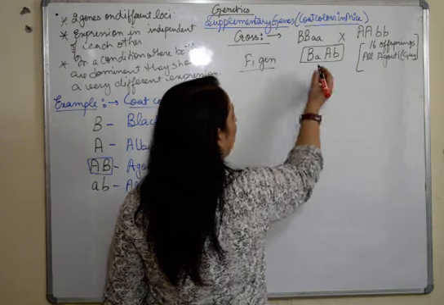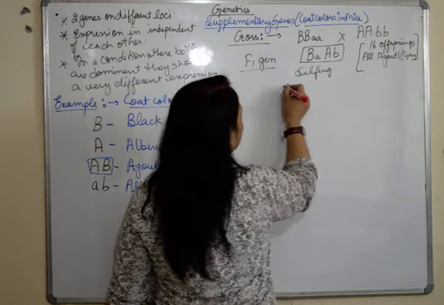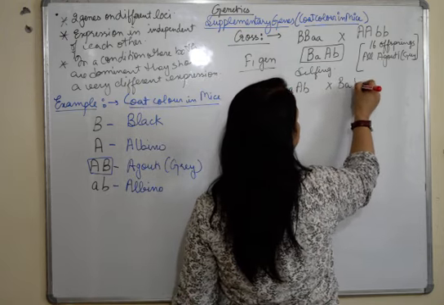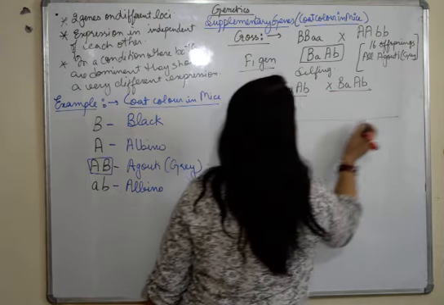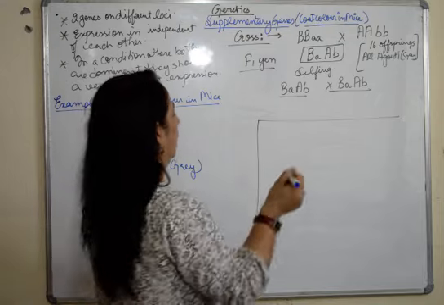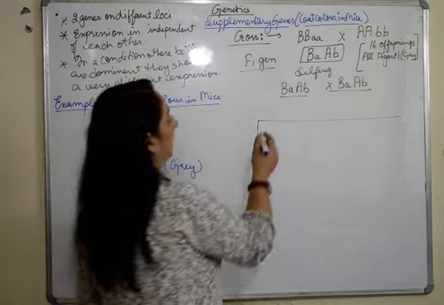Now we are going for the F2 generation. We'll do its selfing. So again we will self them, and when we do the selfing, we'll plot a Punnett square here. We'll follow the same rule for making the Punnett square.